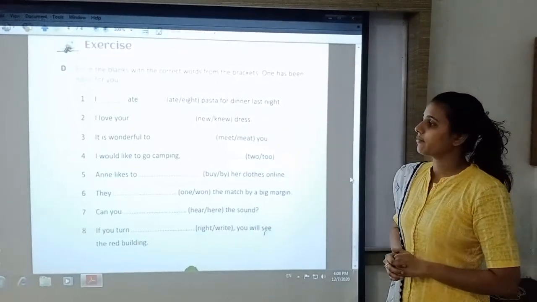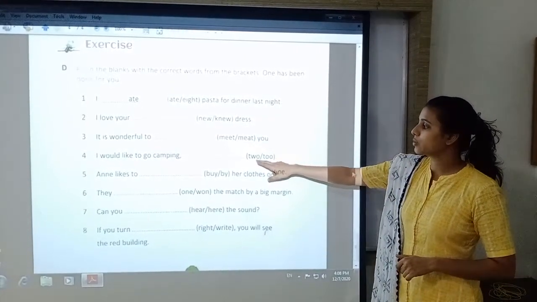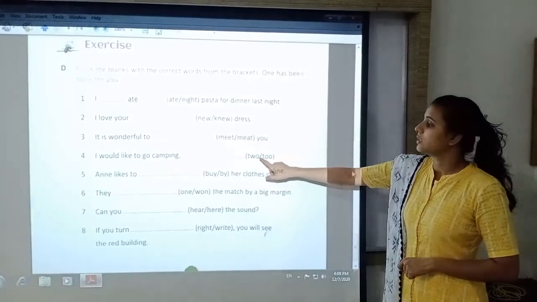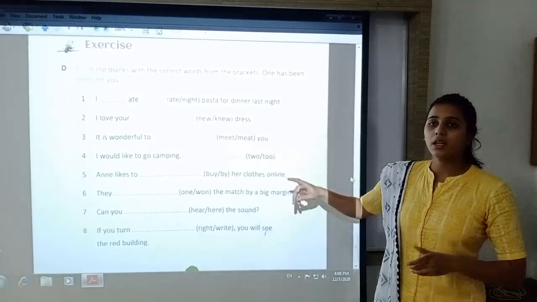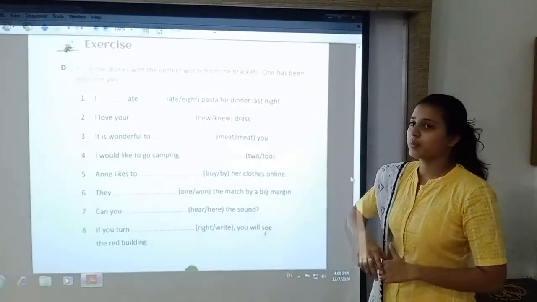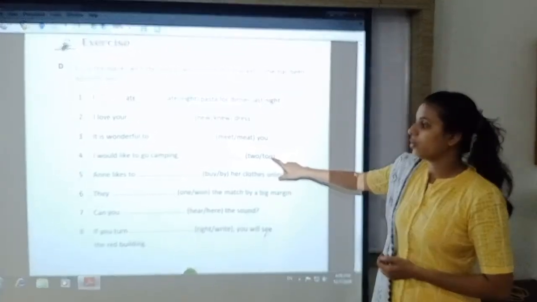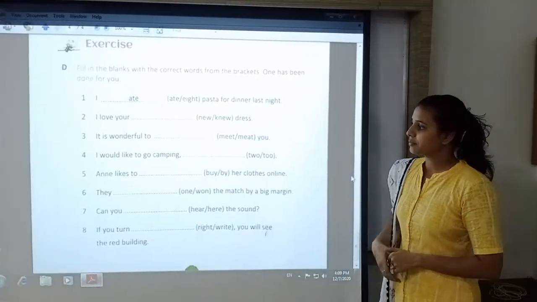Next is, I would like to go camping, TWO or TOO. This is a number, and this means also. So here the suitable word will be TOO, I would like to go camping too.